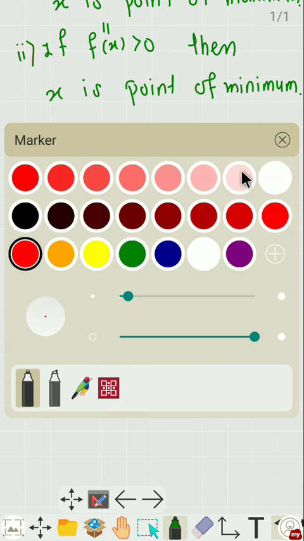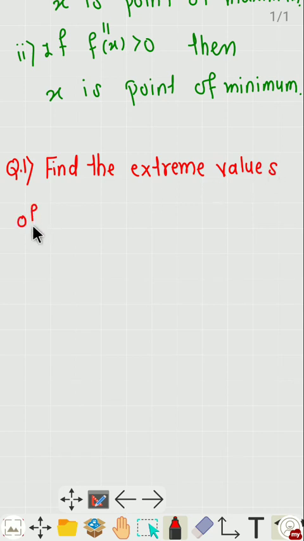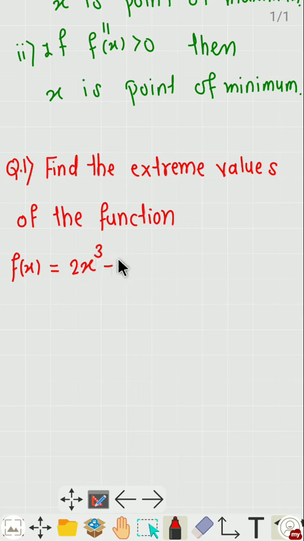Question number 1: find the extreme values of the function f of x is equal to 2 times x cube minus 15 times x square plus 36 into x plus 5.